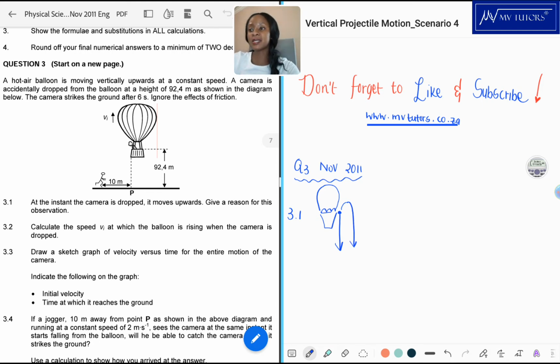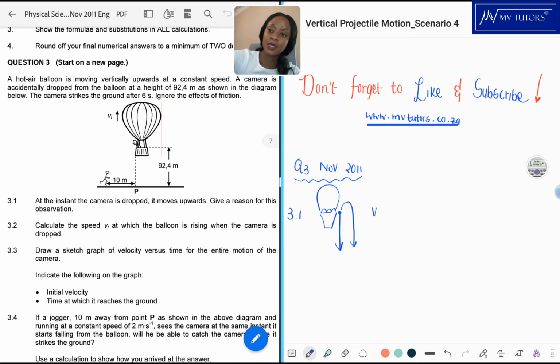All right, so when it says at the instant that the camera is dropped, it moves upwards, give a reason for this observation. Well, that is because the initial velocity of the camera is equal to the constant velocity or the constant speed.